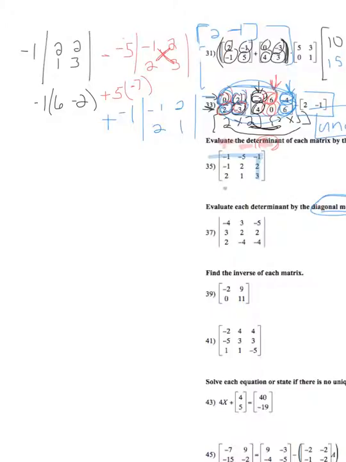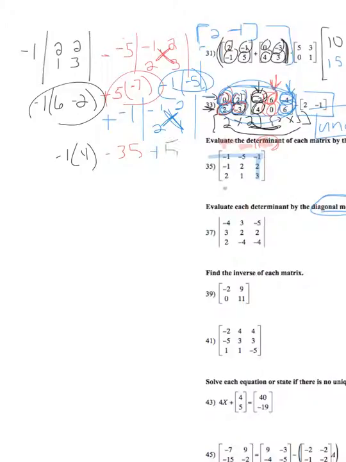And the blue part will be -1 times, right here is -1 minus 4, so -5. So let's see what we've got. So right here we've got -1 times 4. Here we've got minus 35. Here I've got plus 5. So we've got -4 minus 35 plus 5. -34 is that determinant.